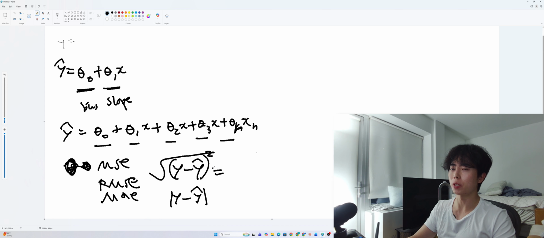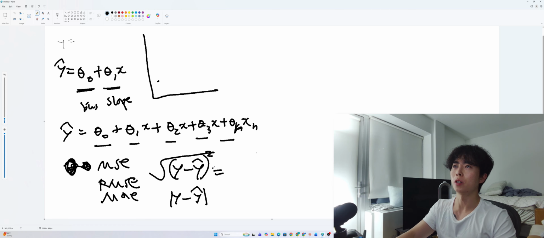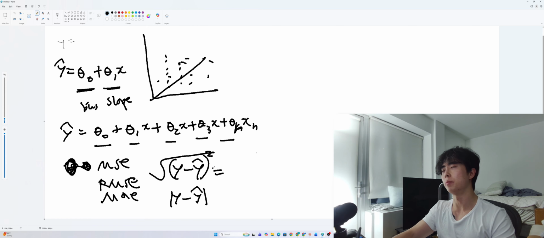We're trying to minimize this error, and the whole point of linear regression is trying to fit a straight line into these data points, the best fit line, so we can minimize the distance between these data points and the line, which is the error the model captures.